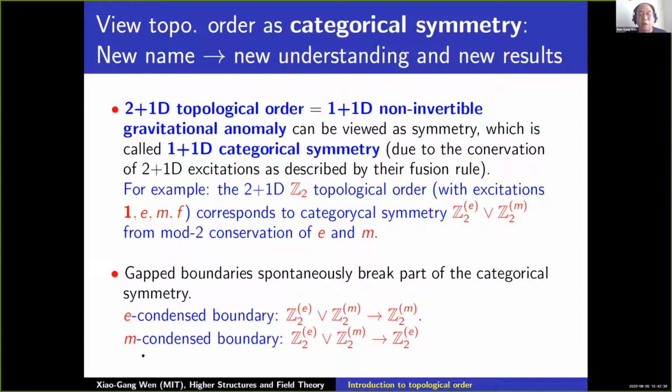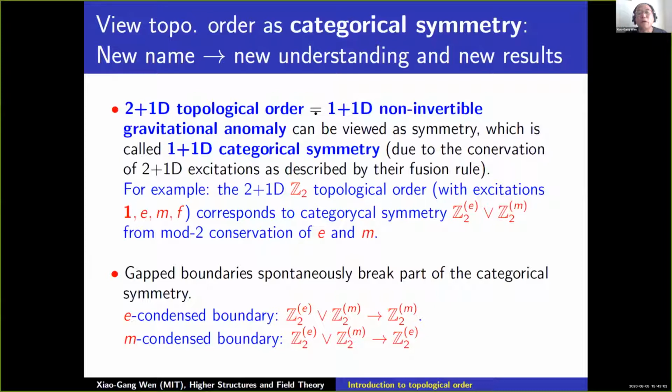But on the other boundary, we have M condensation. So the other boundary can be viewed as a symmetry breaking of Z2M, so only Z2E is preserved. So therefore, we can describe these 2 boundaries as a spontaneous symmetry breaking of a categorical symmetry. The boundary partially breaks these 2 Z2s, either the first one or the second one.